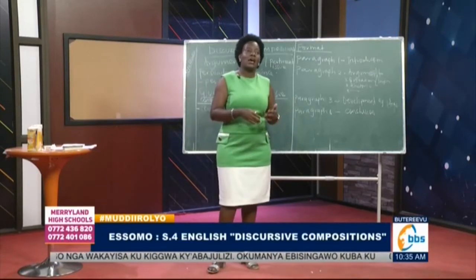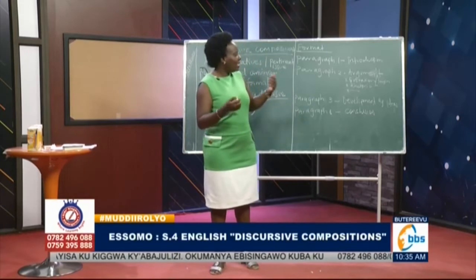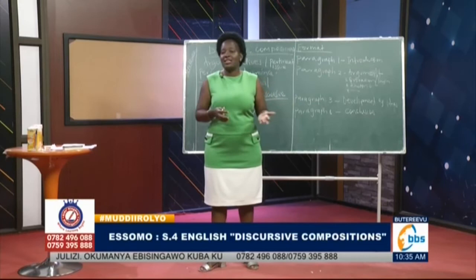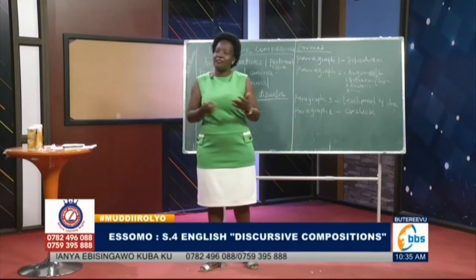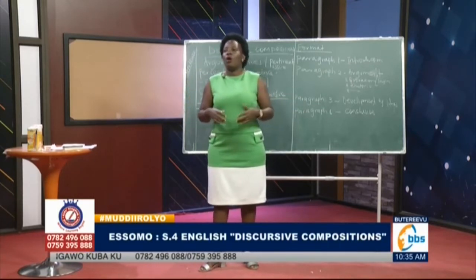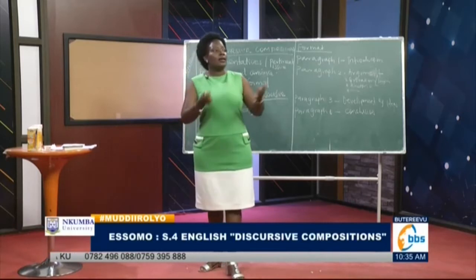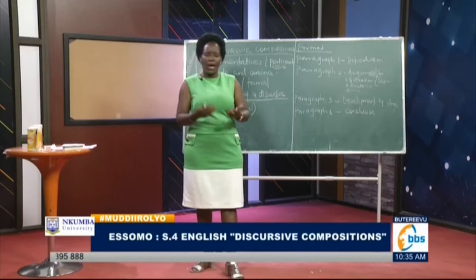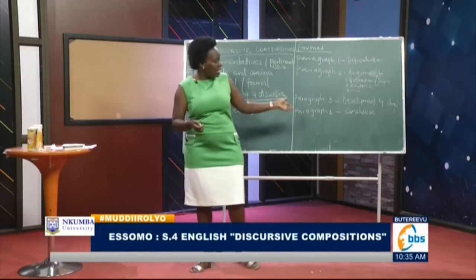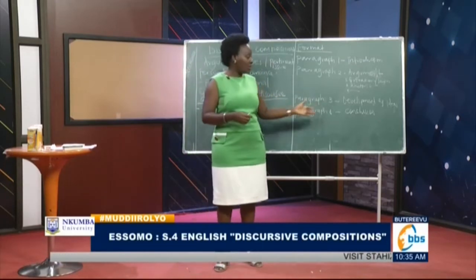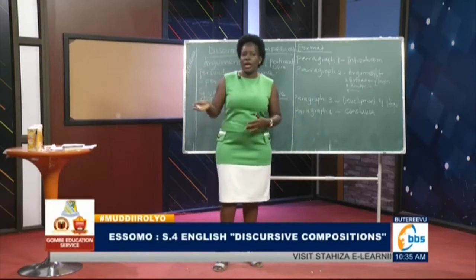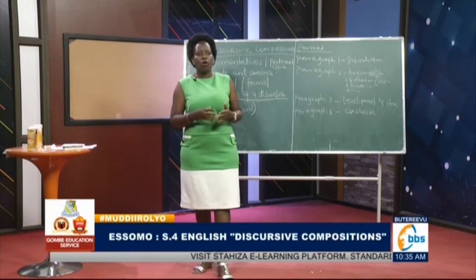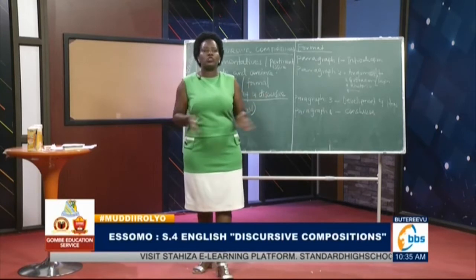You could say, conclusively, maybe there are more advantages to this than the disadvantages. Or, in conclusion, these have done this and that. You find a way of ending, but you could decide to end with one of the points, one of the ideas, as we shall see in our example. But you find a way of concluding so that you sum up all that you have.